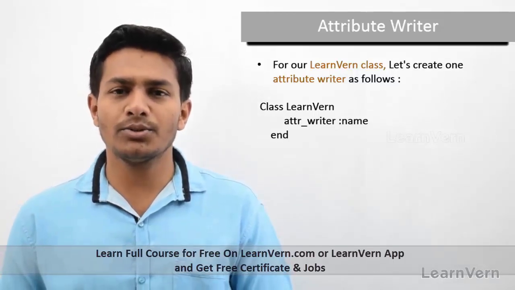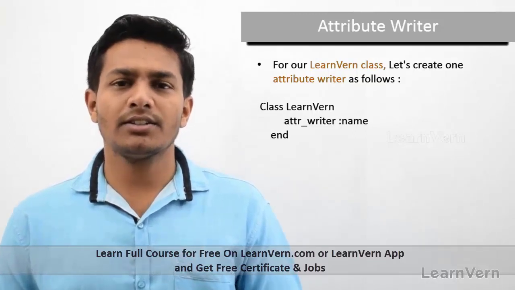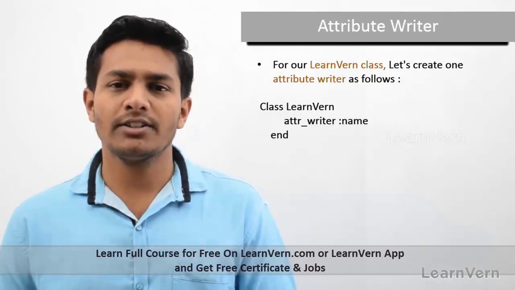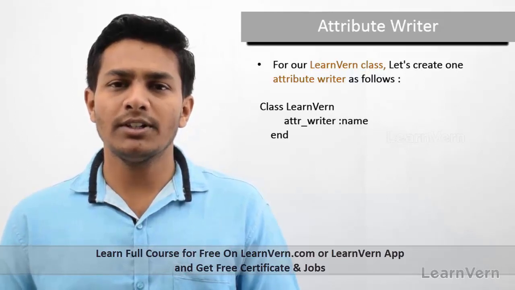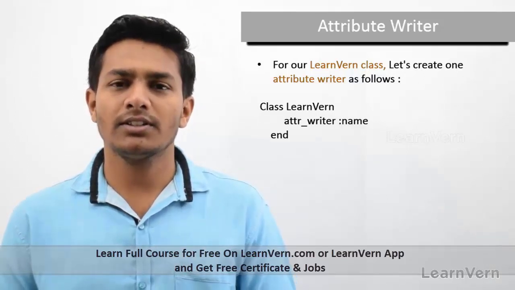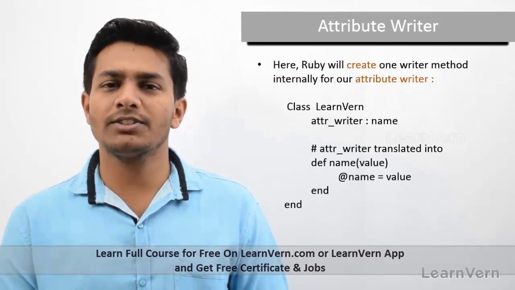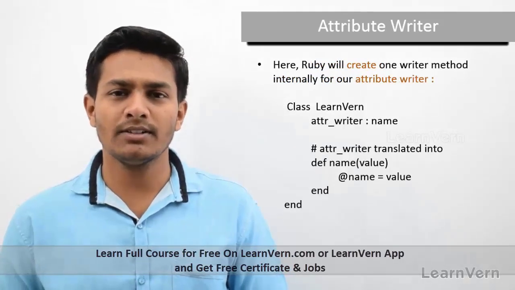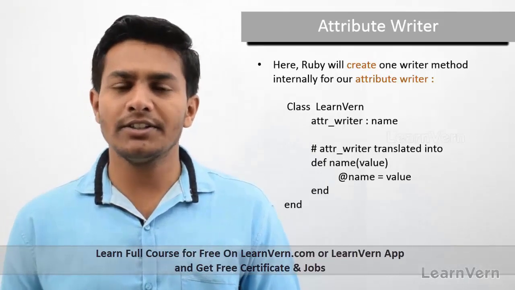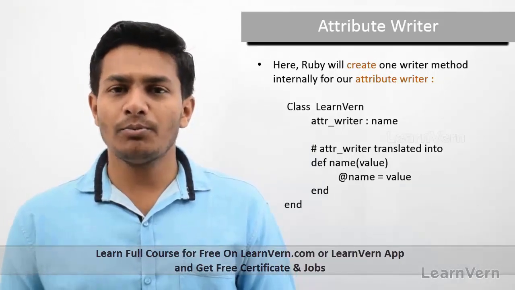So what I need to do is write attribute writer and my instance variable name. Here that instance variable is name. You can see the same thing on the screen as well, and that will internally create one new method.